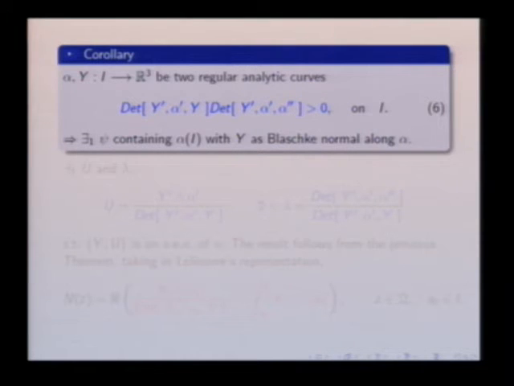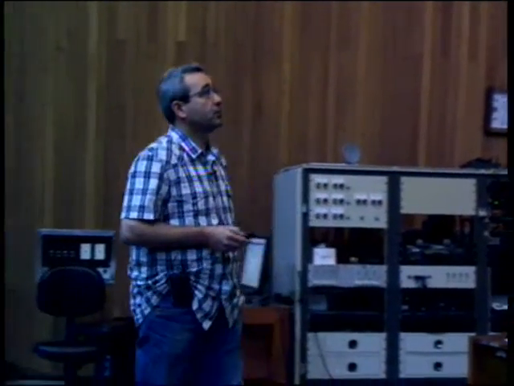In particular, if we consider two analytic curves, alpha and y, satisfying the following equation here, then it is always possible to solve the Björling problem. In fact, there exists an affine maximal surface containing alpha with the prescribed affine normal, the curve y, along alpha. The proof is very easy.